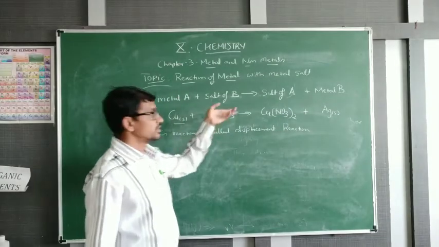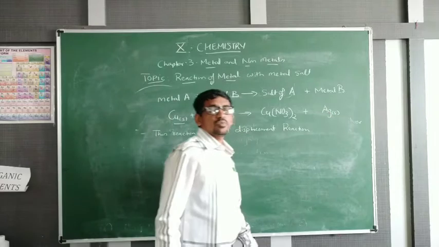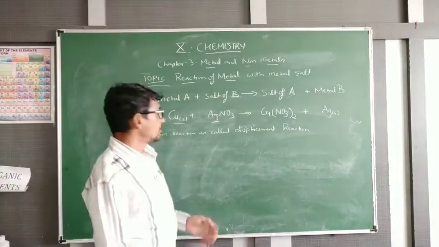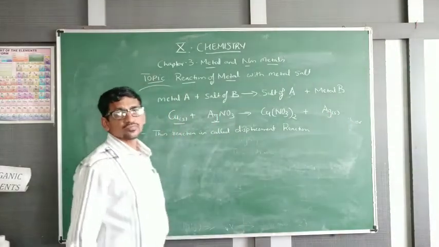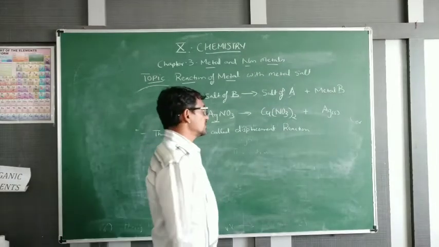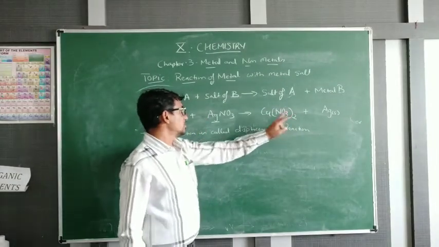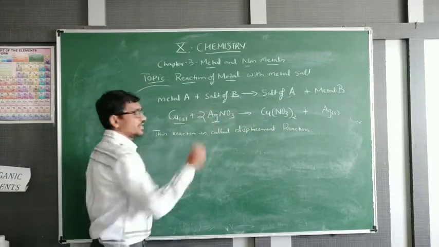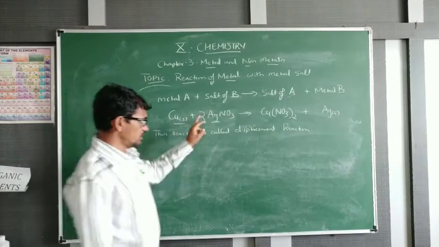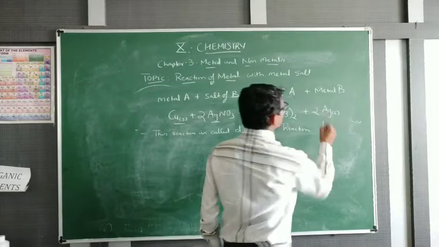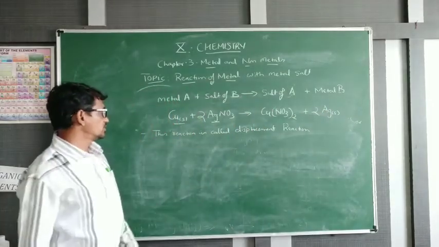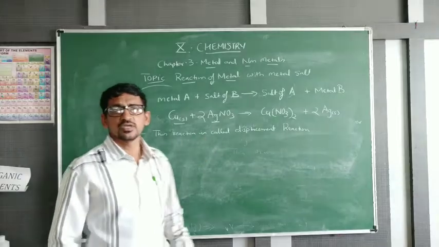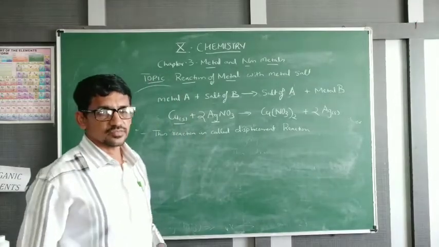Silver from +1 is converted to Ag, which means reduction of silver takes place and oxidation of copper takes place. If you balance the reaction, nitrate 2 is required, so you write Ag2. It will give 2 moles of solid Ag. This reaction is known as a displacement reaction.